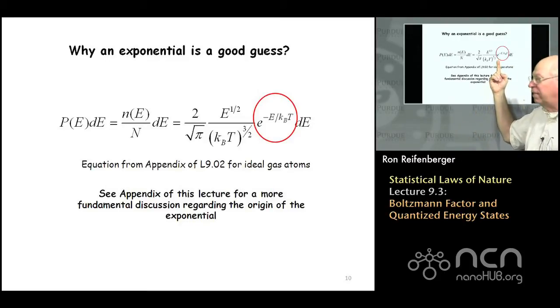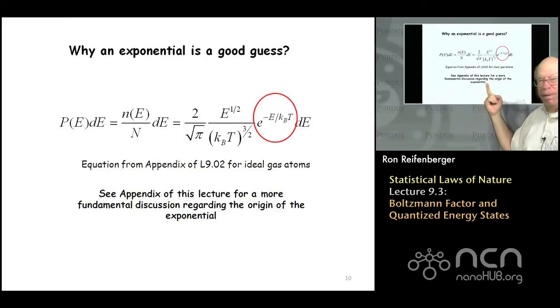If you want a simple answer, the simple answer is if you calculate the probability that a classical gas atom has an energy E, it turns out that probability varies as e to the minus E over k Boltzmann T. So I derived this equation in the appendix of lecture 9.02 for ideal gas atoms. You can look at that if you're curious.